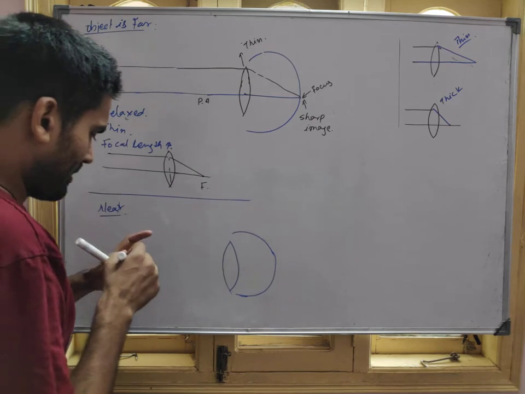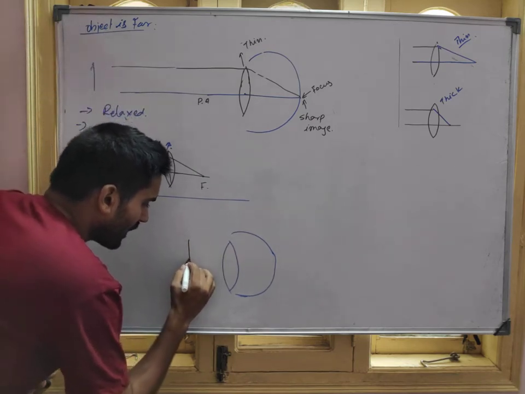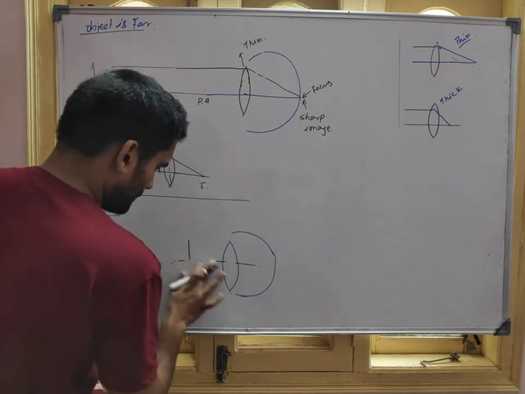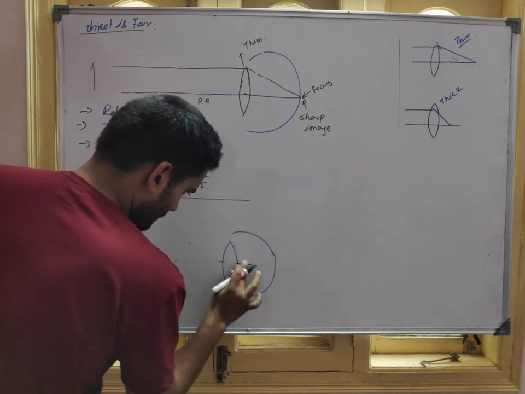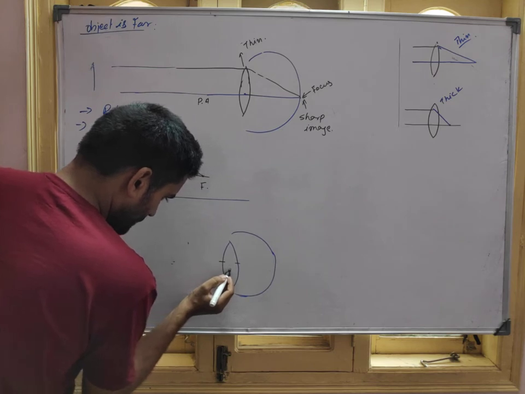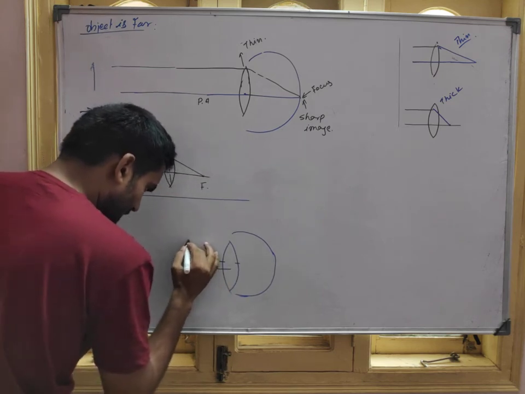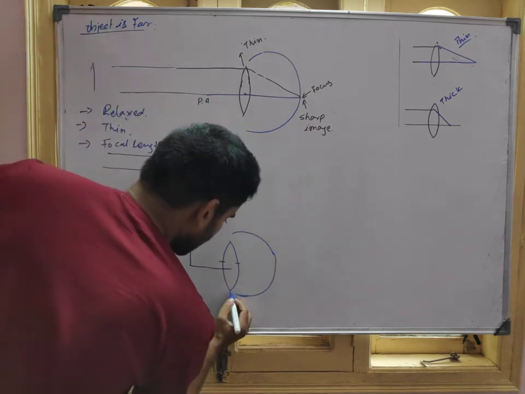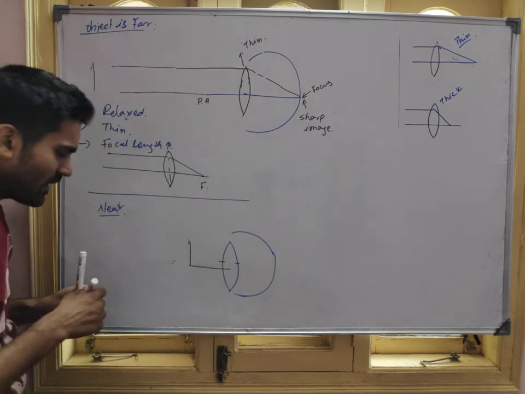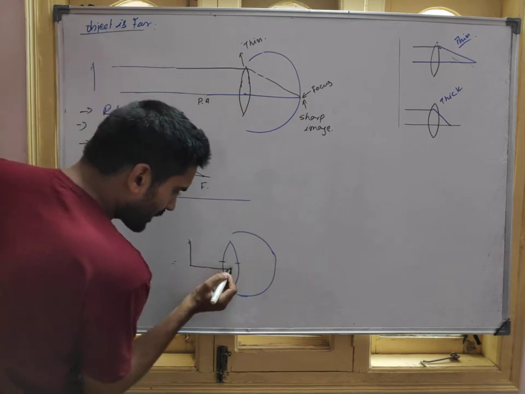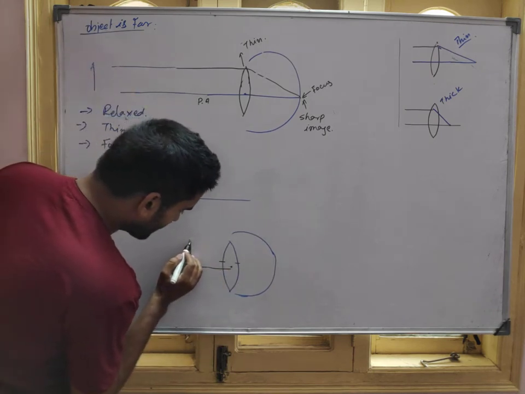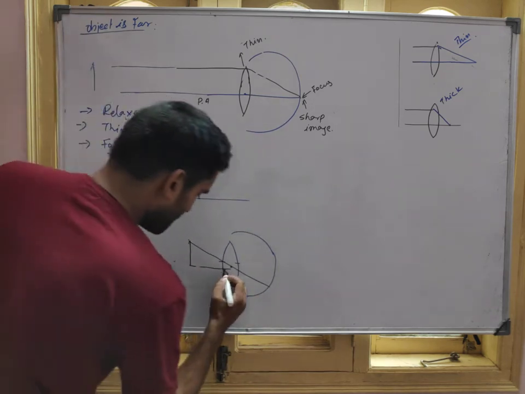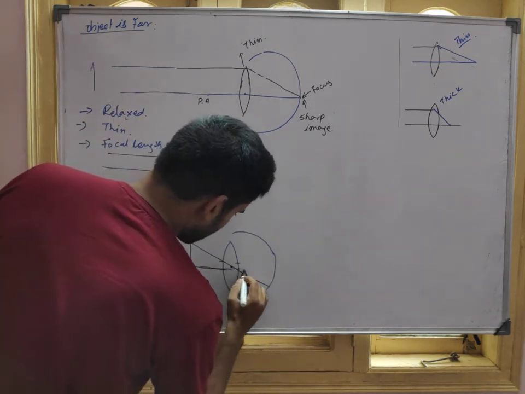The object is near to the eye, the object is here, like this. So guys, one line will go through the center, so that line will go like this. This is the principal axis, like this.